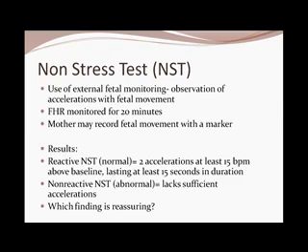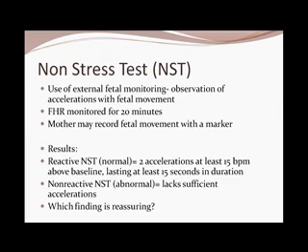This indicates that there are at least 2 accelerations that last at least 15 seconds that are at least 15 beats above baseline. So if the normal fetal heart rate is 140, we would expect the heart rate to go up to 155 for at least 15 seconds in duration, and we want this to happen at least twice within the monitoring period. A non-reactive NST is an abnormal finding.